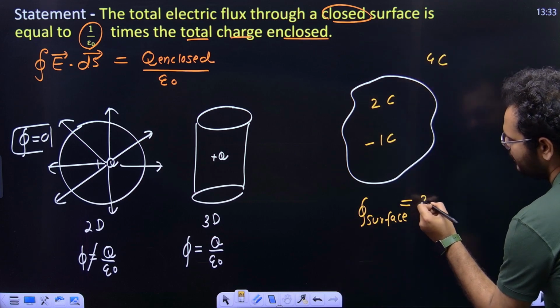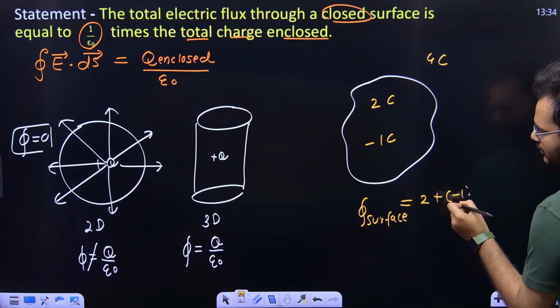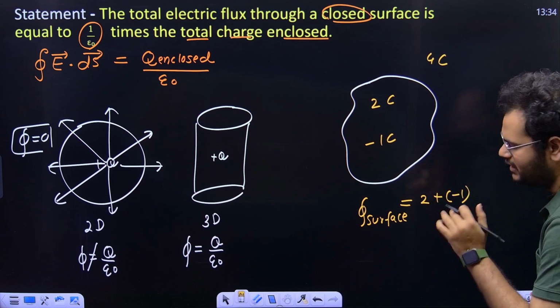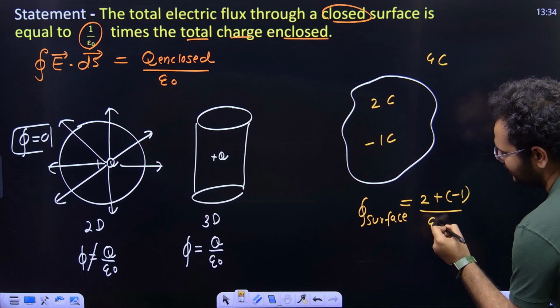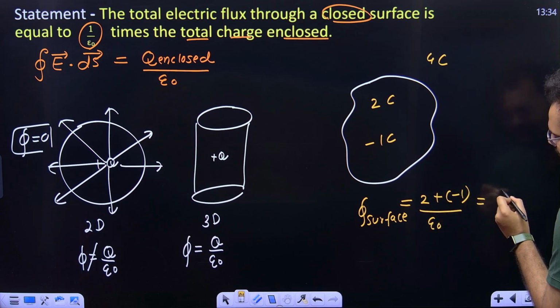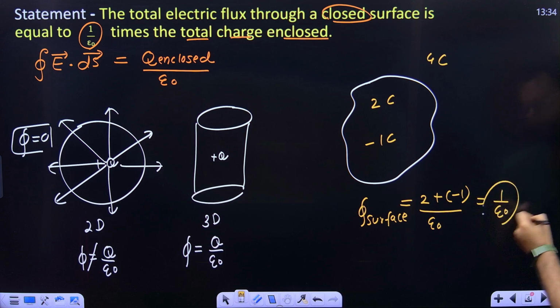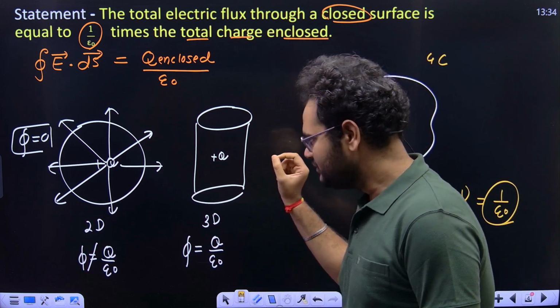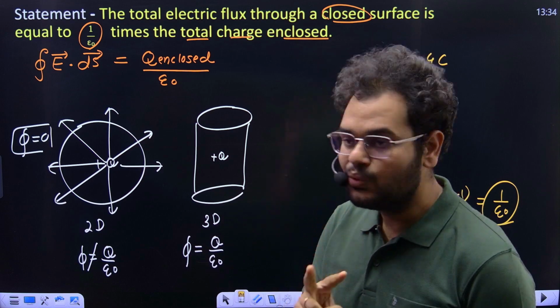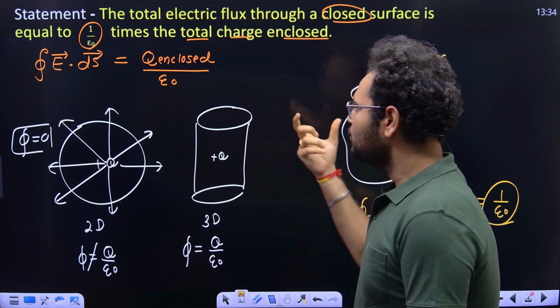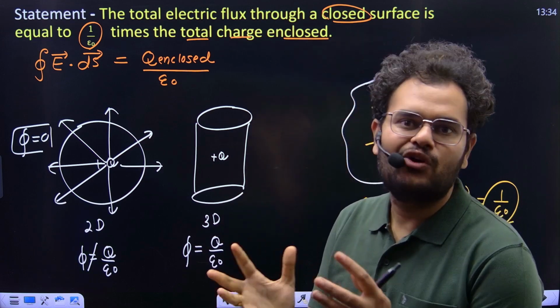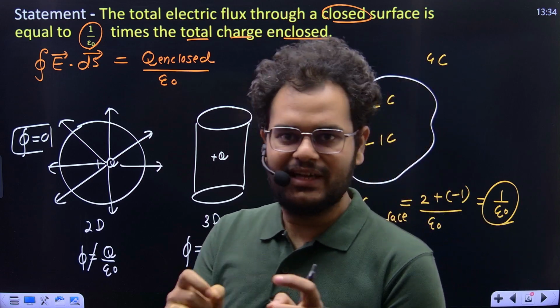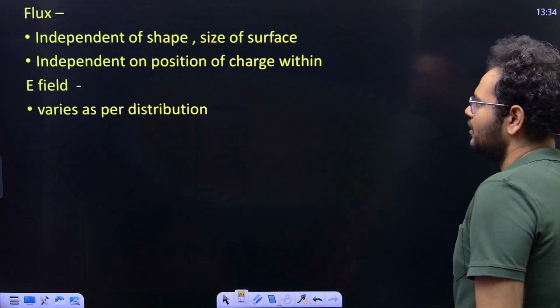So I will write 2 plus minus 1, only inside matters, not outside, divided by epsilon naught. So what is my flux? Sir, 1 upon epsilon naught. Are you getting it? Pointer number 1, closed surface means 3D surface. Pointer number 2, very important, total charge is nothing but the scalar addition of all charges within the surface.